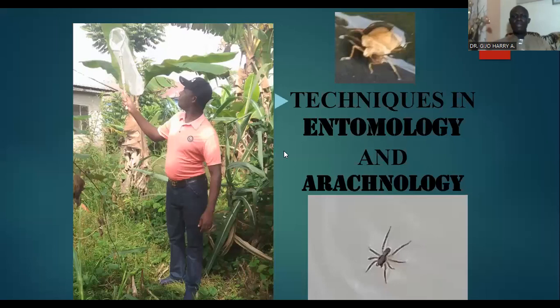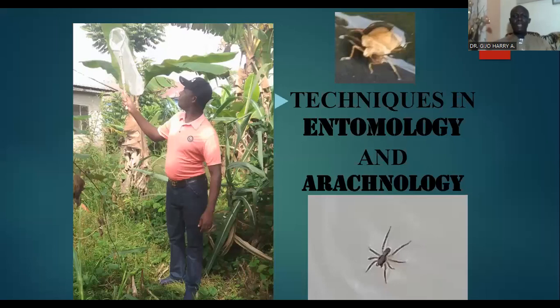Now, we want to look at specific methods for the collection of insects and arachnids. Insects and arachnids are among the most diverse groups of organisms. And because of their diversity, the methods for their collection are also very diverse.